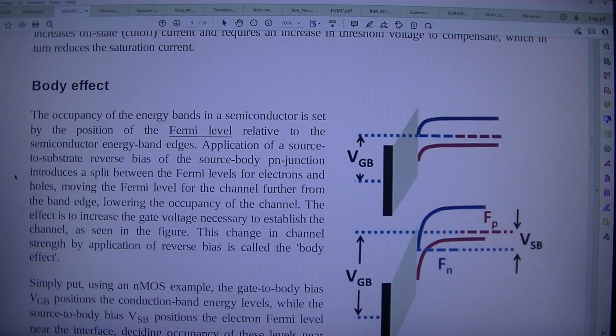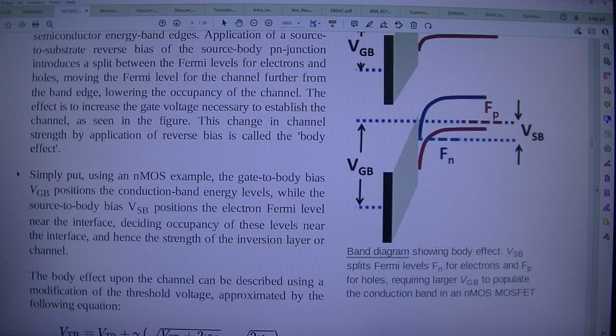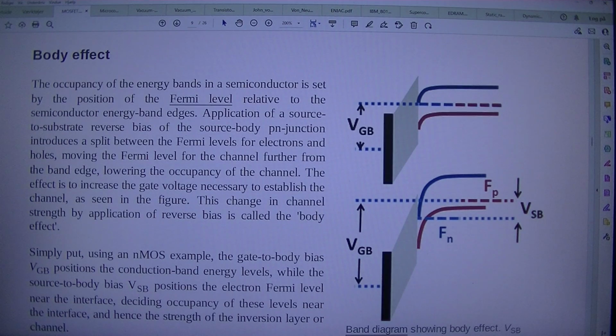Body effect. Band diagram showing body effect. VSB splits the Fermi levels Fn for electrons and Fp for holes, requiring larger VGB to populate a conduction band in an NMOS MOSFET. The occupancy of the energy bands in a semiconductor is set by the position of the Fermi level relative to the semiconductor energy band edges.